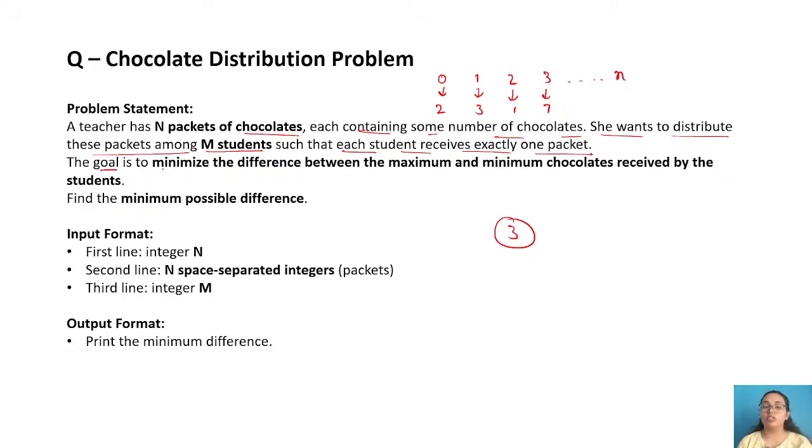Now, what is the goal? The goal is to minimize the difference between the maximum and the minimum chocolates received by the students. If you try to relate it with the same thing that you had earlier, you will get confused. Instead, understand the situation.